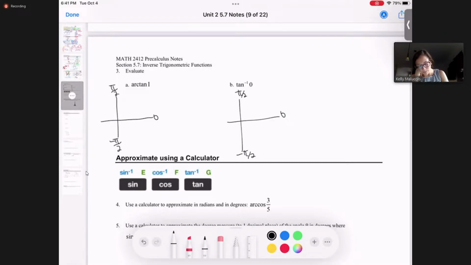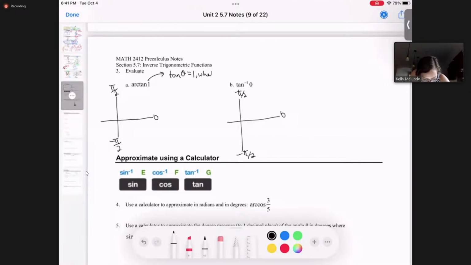But it's easy because you see 0, don't mix that up with angle 0. This is the point, right? So arctan of 1 means tangent theta equals 1. What is theta? This is what we're looking for.